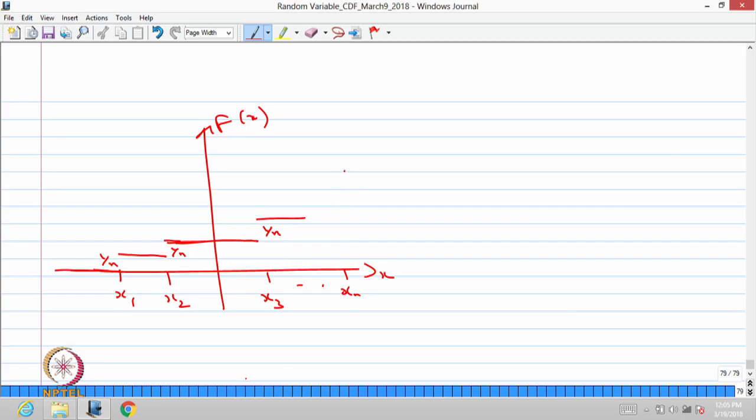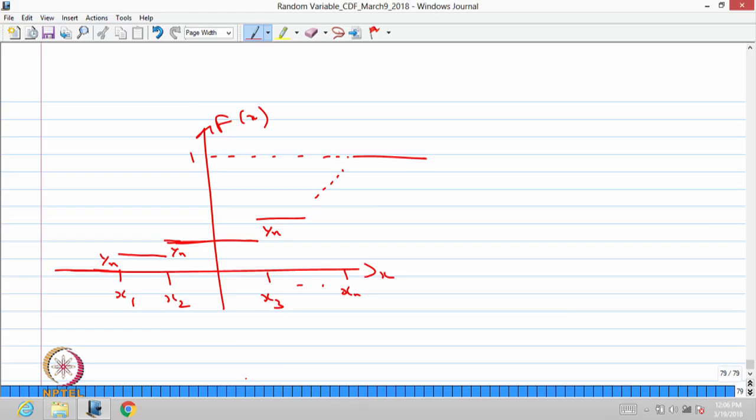At the point xn it has the last jump and it becomes 1. If you see the CDF for any discrete type random variable which has only n jumps and all the jump values are the same, then that random variable is a discrete uniform distributed random variable.